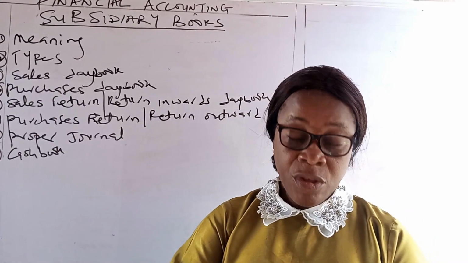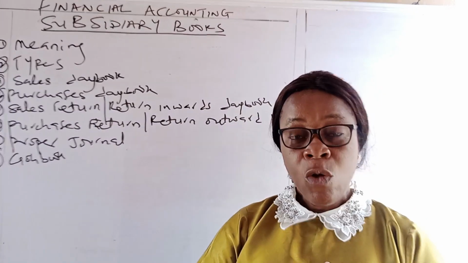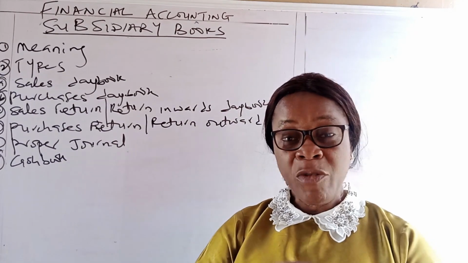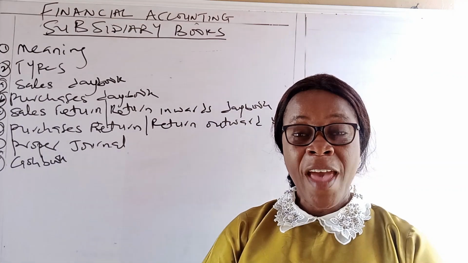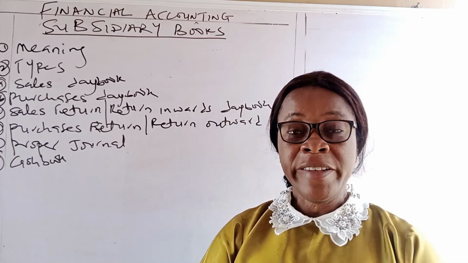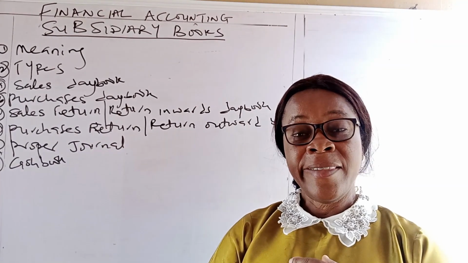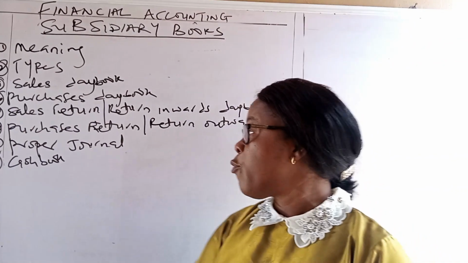That is, goods that have been sold to customers who later return the goods back to the organization. The first book of original entry where they are recorded is known as the sales return or return invoice day book.